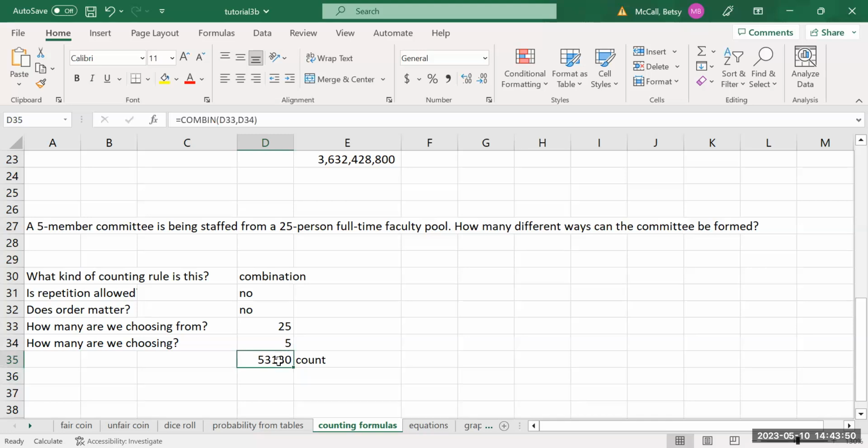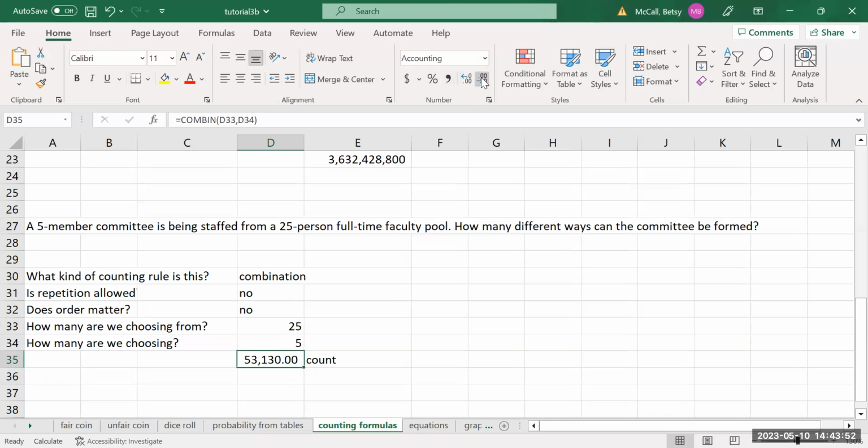Combinations, even if we use the exact same numbers, are always going to be smaller than the number of permutations of the same thing, because you just imagine like 1, 2, 3. Well, 3, 2, 1 is the same configuration, so you're having fewer options because you don't care about the order. In this particular case, there are 53,000 possible different configurations of this committee.